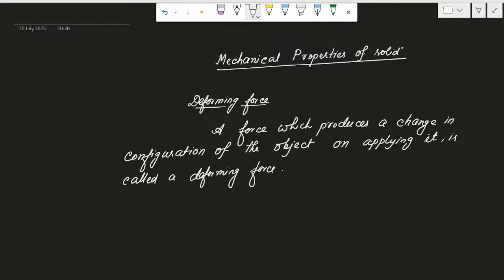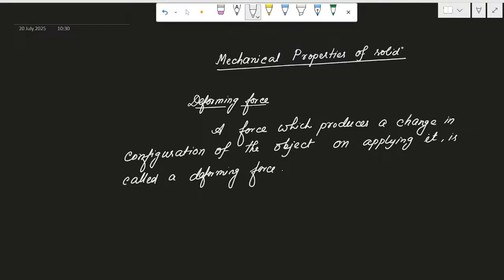When I discussed potential energy, I told you about configuration. If the configuration gets changed, meaning the dimension of an object changes, that is known as deformation. Take an example of a steel wire or aluminum wire.